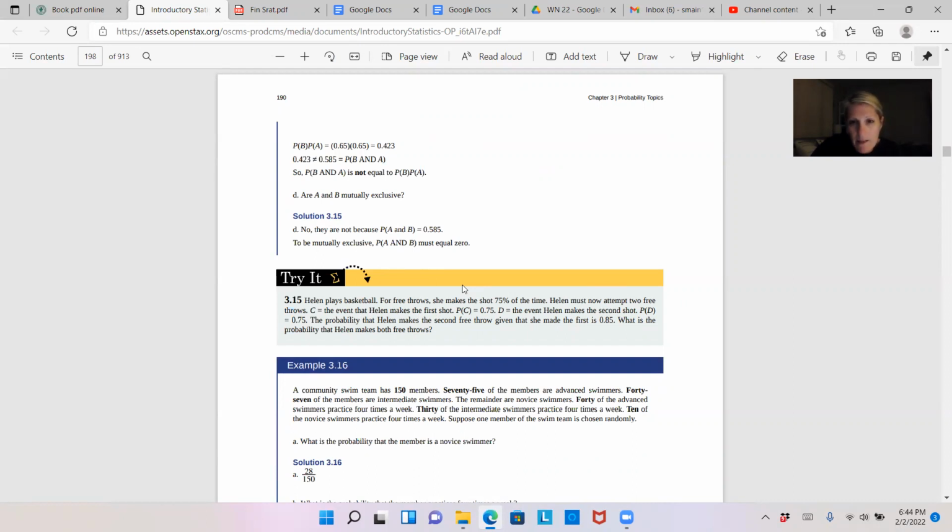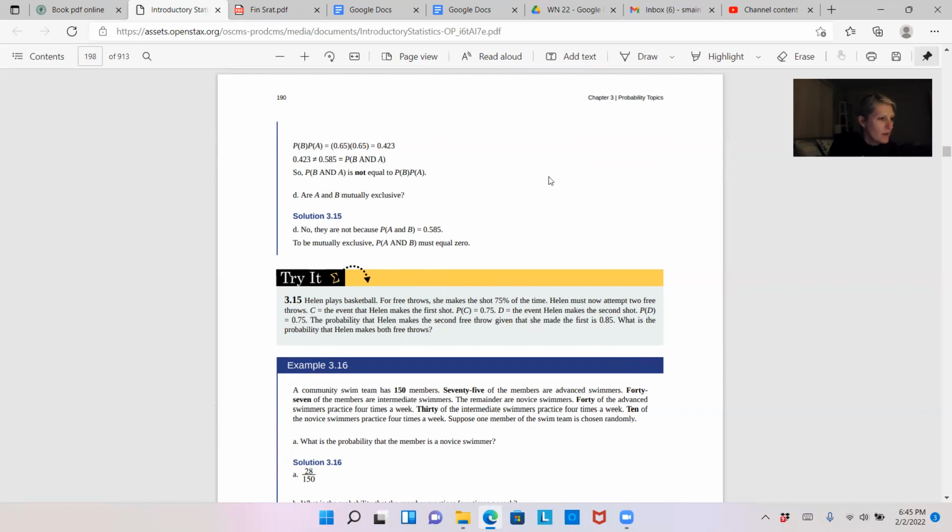D is the event that Helen makes the second shot, and the probability of D is also 0.75. The probability that Helen makes the second free throw, given that she made the first free throw, is 0.85. What is the probability that Helen makes both free throws?